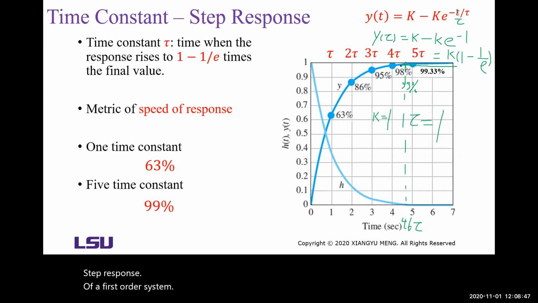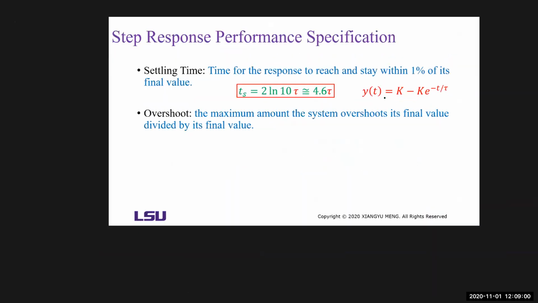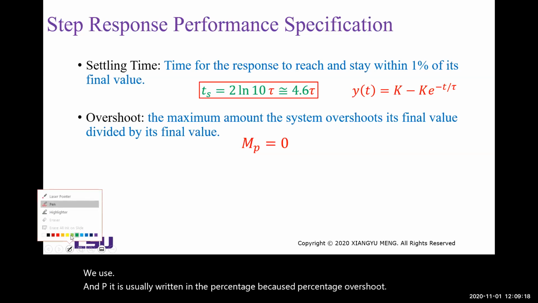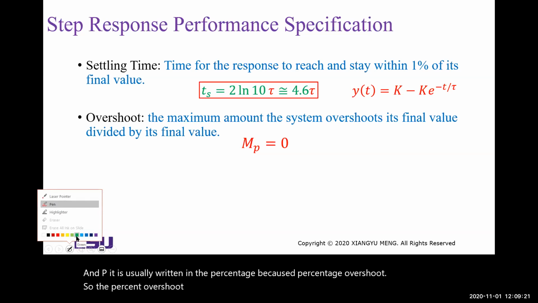The response will never go beyond its final value. Therefore, the overshoot is 0. For the overshoot, we use Mp. It is usually written as a percentage. We call it percentage overshoot. So the percentage overshoot for a first order system is 0.